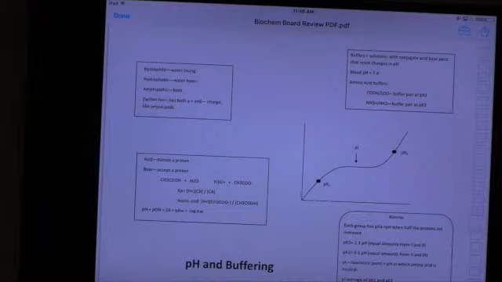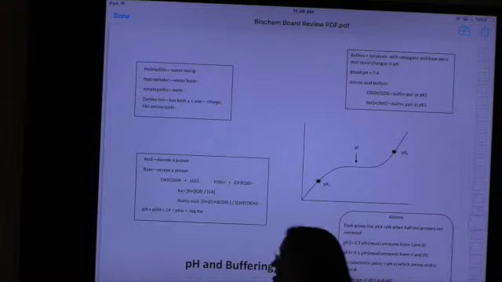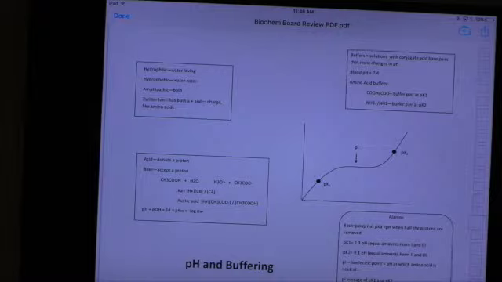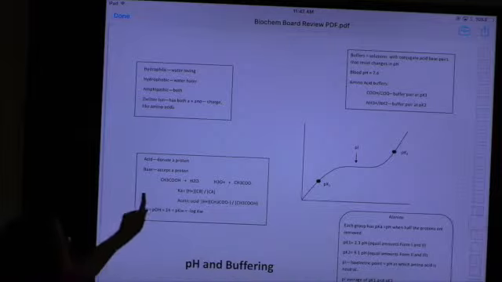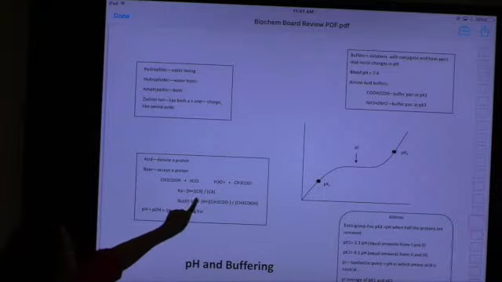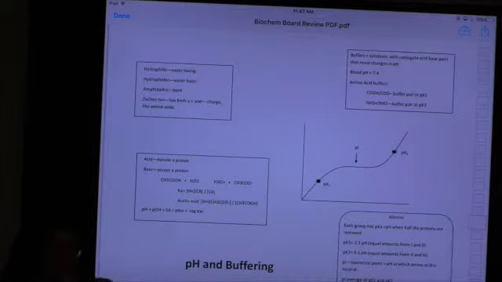Okay. So, make sure you know an acid donates a proton. We are talking about protons. And a base accepts a proton. Yes? Okay. I gave you an example, because they might give you something like this. So this is a dissociation. For some reason, my arrow didn't show up. So your Ka is going to be your hydrogen concentration times your conjugate base divided by your conjugate acid, yes?